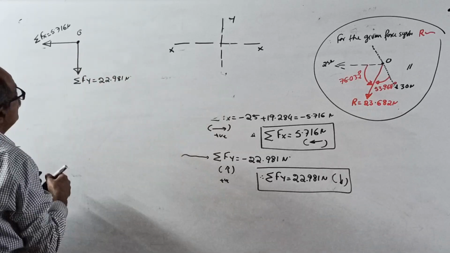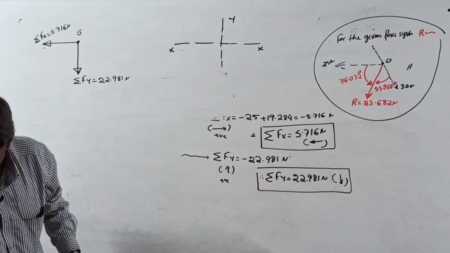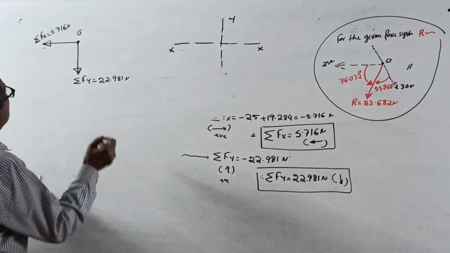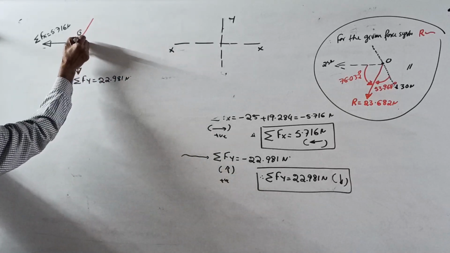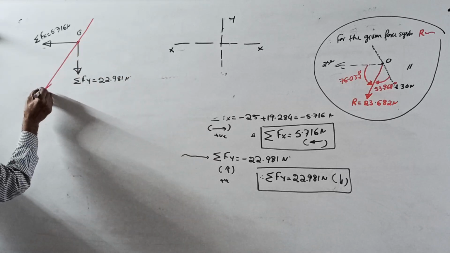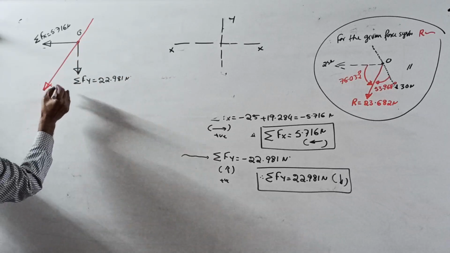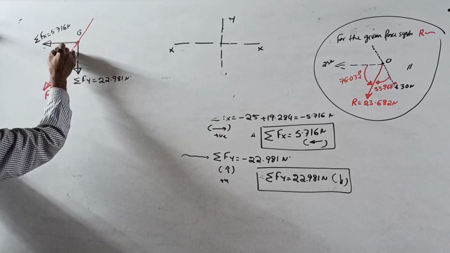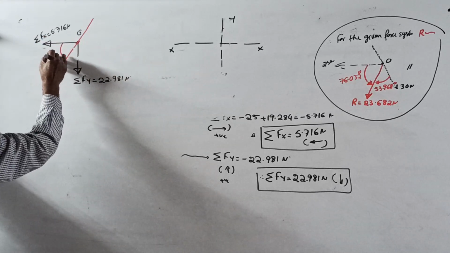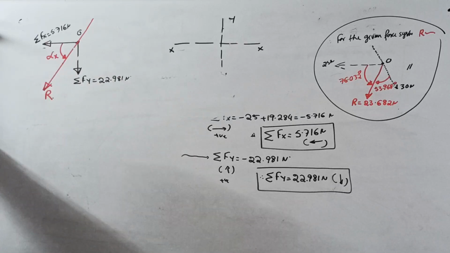Therefore, for these two forces, remember, later we are proving it actually, the resultant force is more inclined here, the resultant will come like this. Resultant R, the angle it makes with the x direction is alpha x.